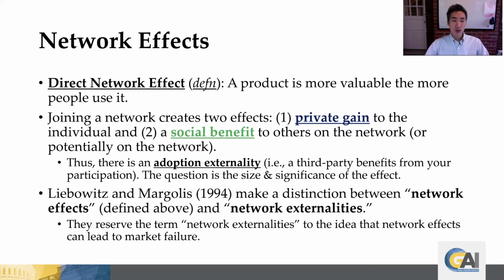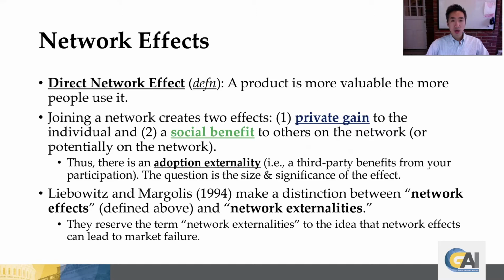So what is an externality? Another way of saying this is there's an adoption externality. And an externality is a benefit or cost that's imposed on a third party that the person making the decision doesn't necessarily get, right? So it really comes to the size and significance of this external effect.